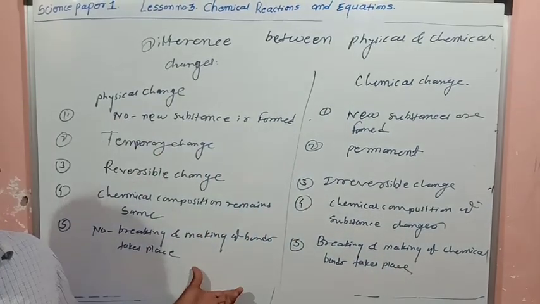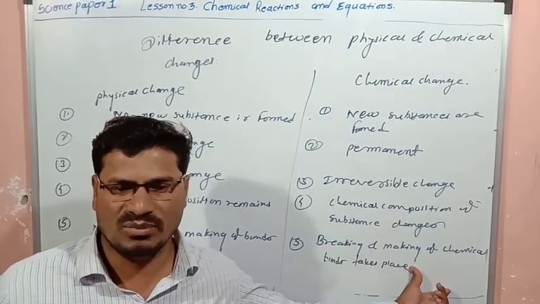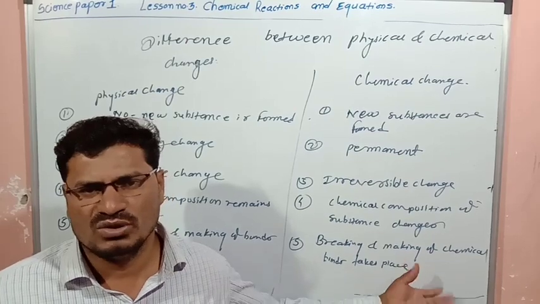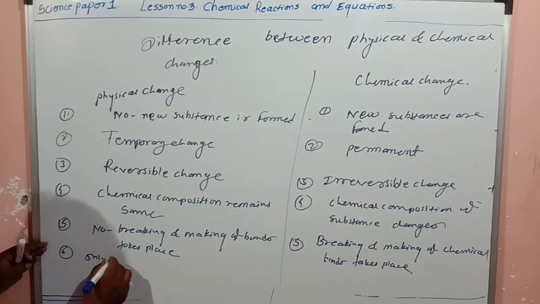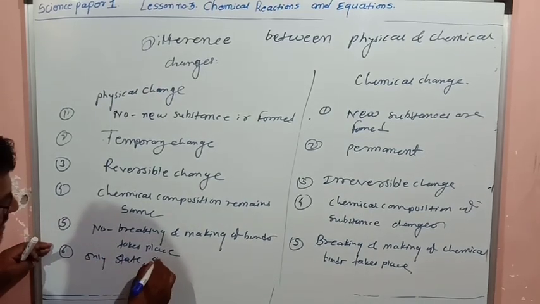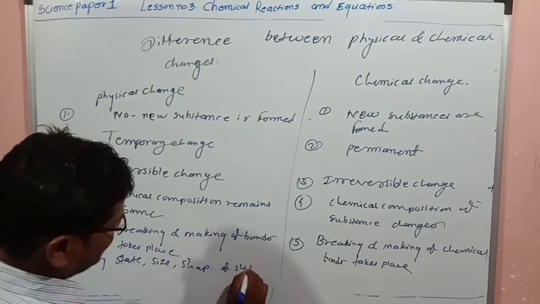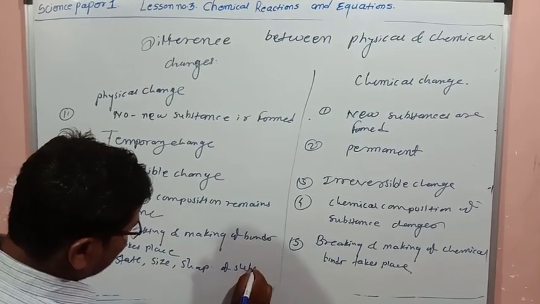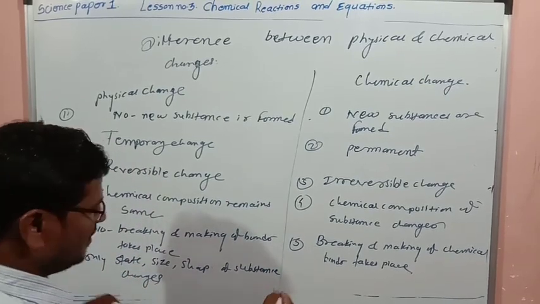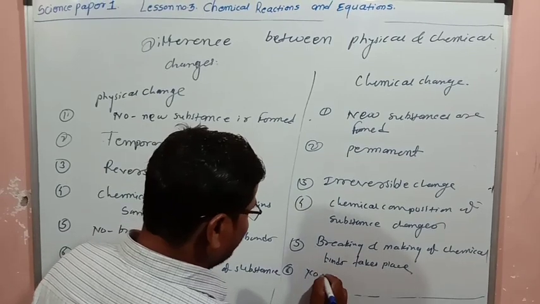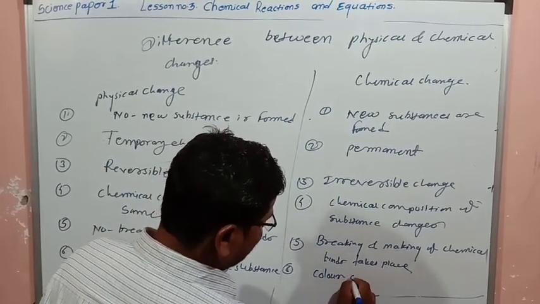So in the reactant, chemical bonds are broken, and in the product, chemical bonds are formed. The sixth point is that only state, size, shape of substance changes, and here no change. Here color will change.